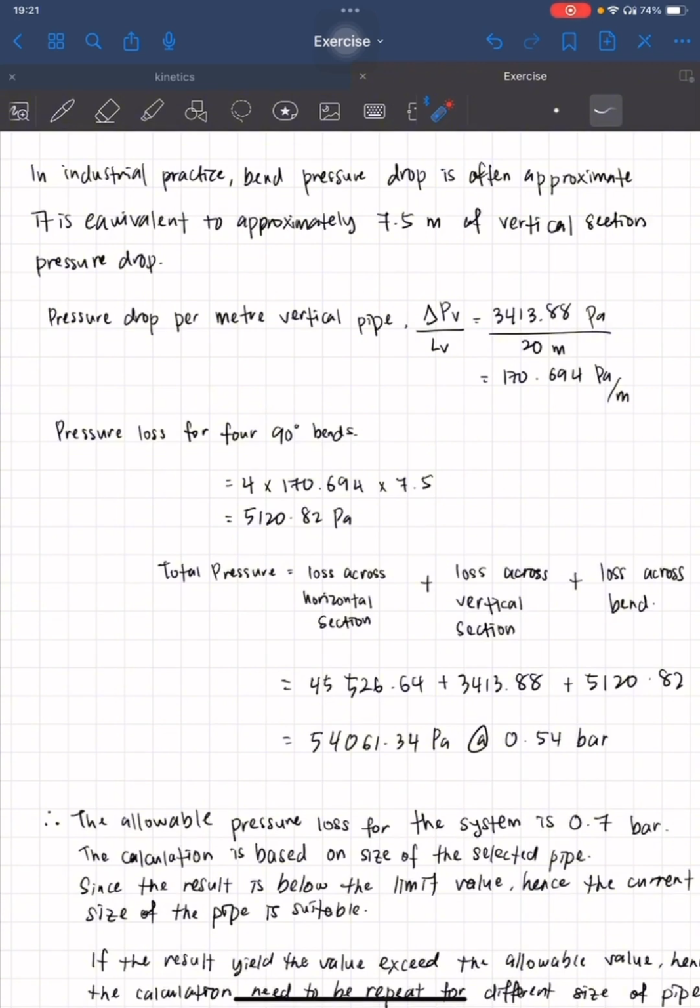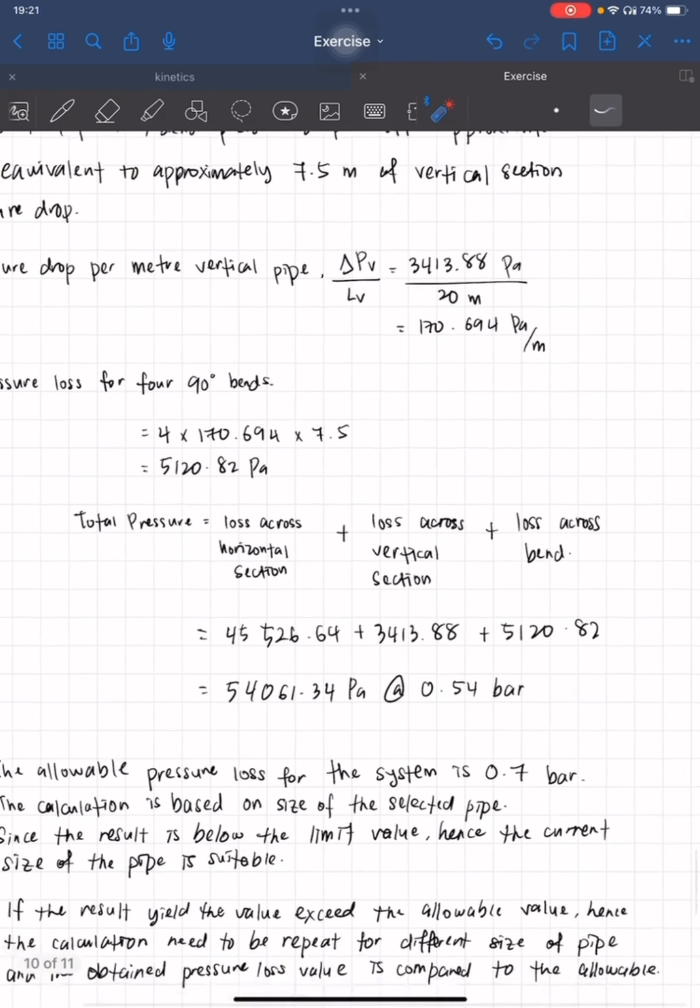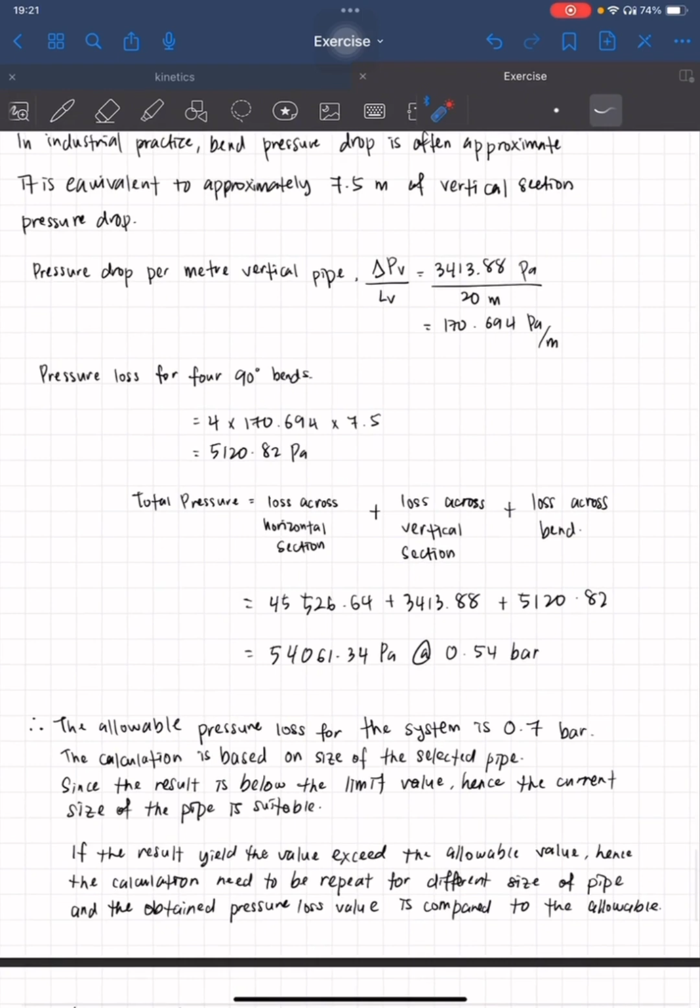So the obtained value is 5120.82 Pascal.